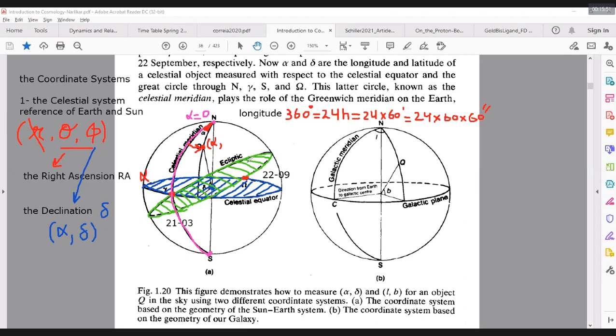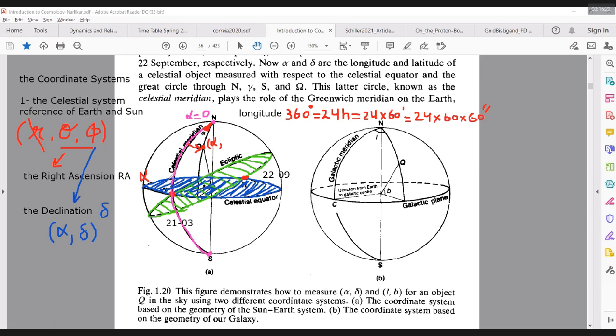Then where is the second parameter? Delta, the declination. For the declination, the reference is the celestial plane. This plane I am highlighting once more, as you can see. This works as the reference for the second parameter.